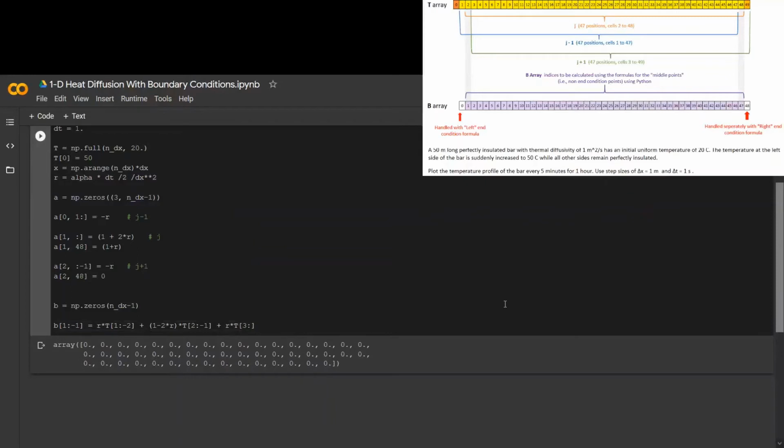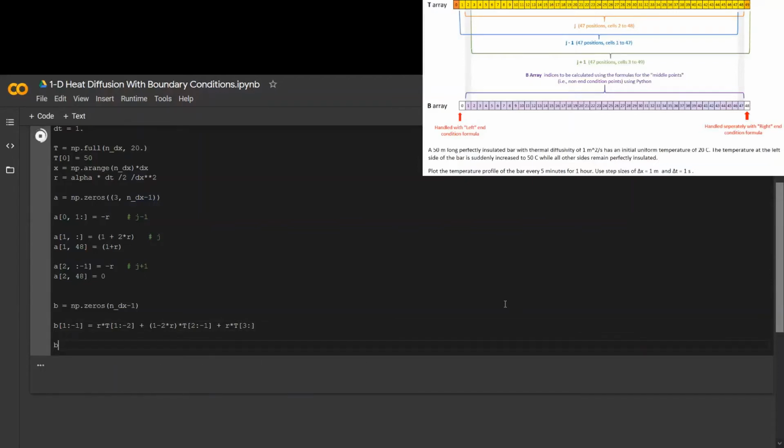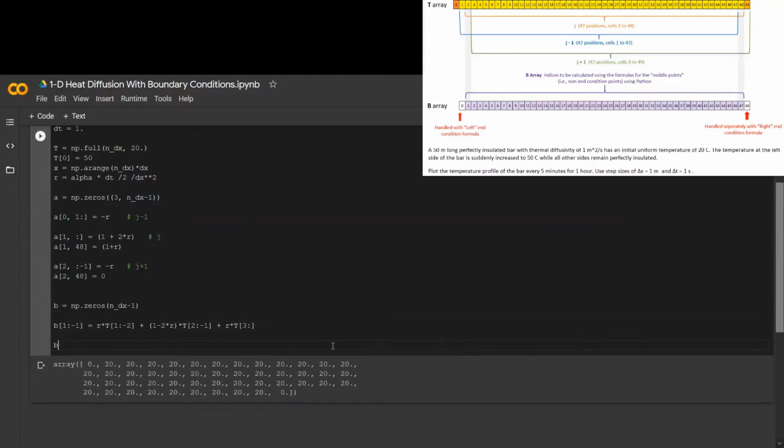It's going to include everything, right? I think that's correct, and I'm going to print this just to see how that looks. Right, because we're not iterating anything right now. This is just our initial, this is at time 0.